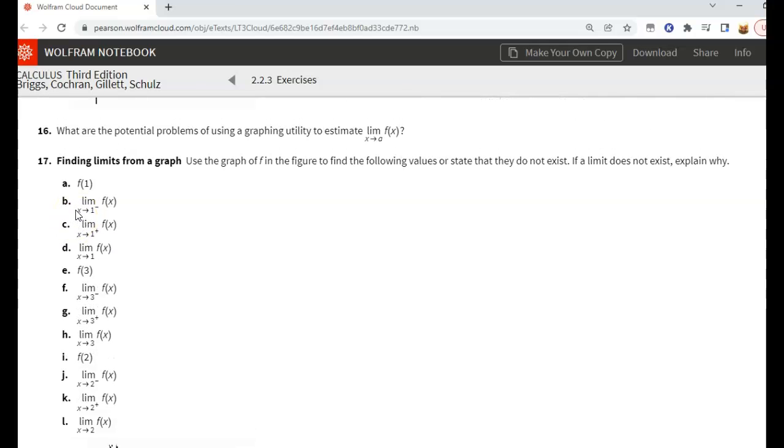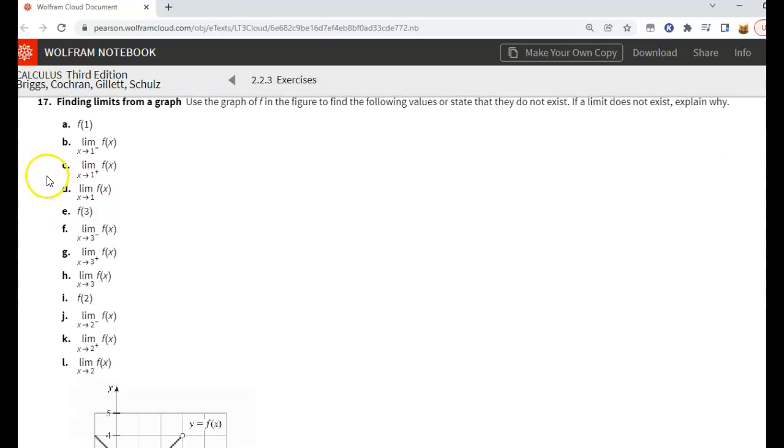So here we're doing limits graphically. Problem 17 is a great example to really bring home all the things we've talked about with limits graphically.